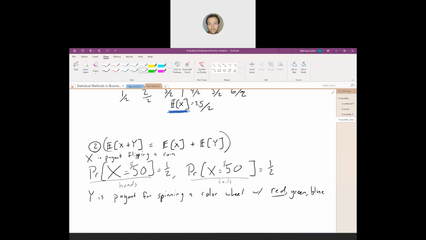Okay, so you're saying the probability of red is 2/3. How much does it pay? $50. Okay, how about the other colors?